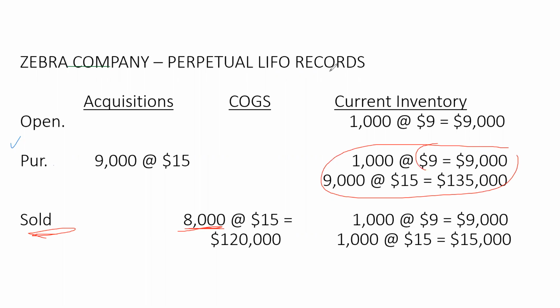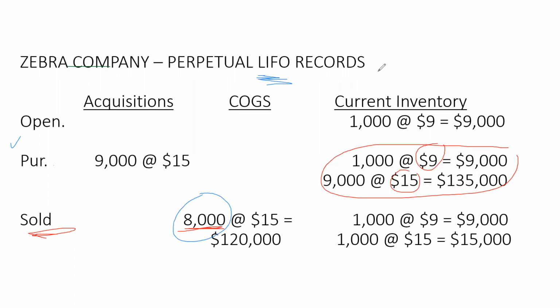Remember, they had some at 9 and they had some at 15. This is where you apply your LIFO cost flow assumption, because we have to determine the cost of these 8,000. Under LIFO, the last ones in are the first ones out.